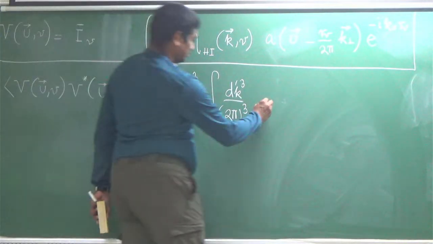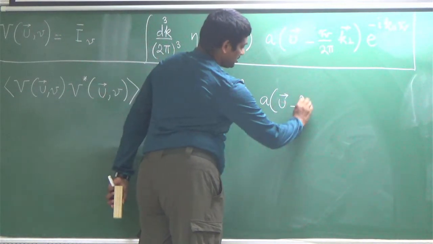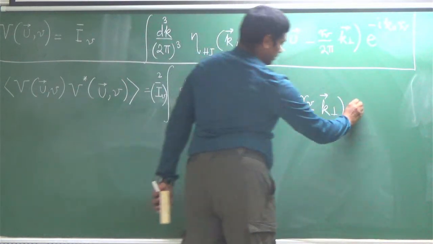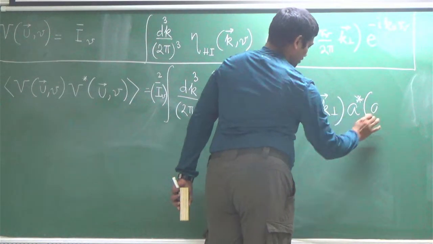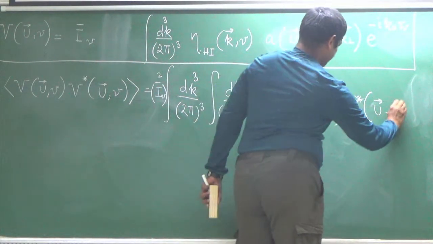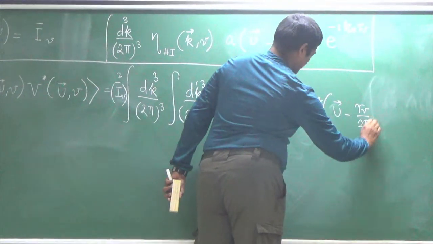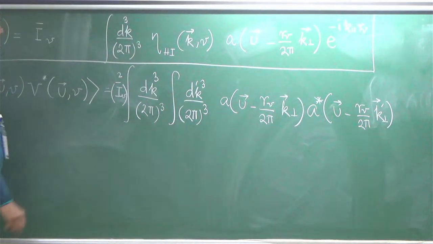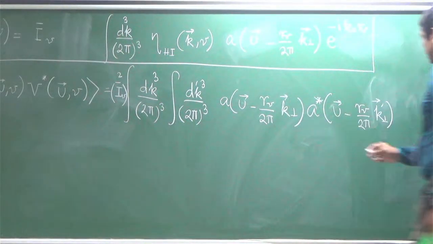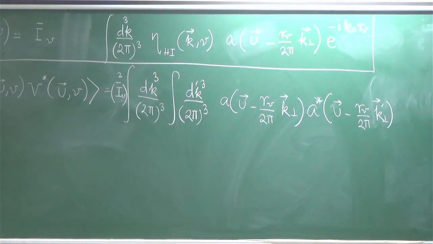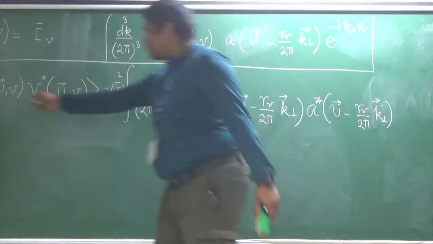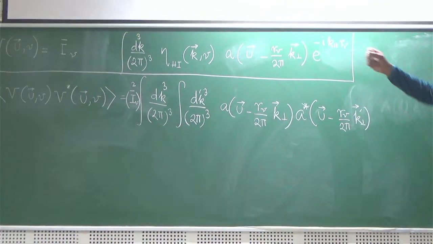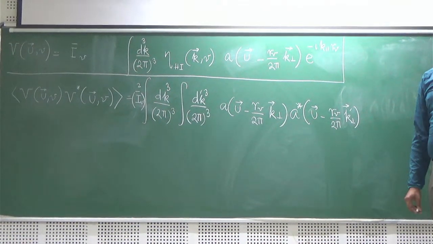I will have A, we write this first. I have taken both of them as equal; you can take u prime, but it will make life more complicated.